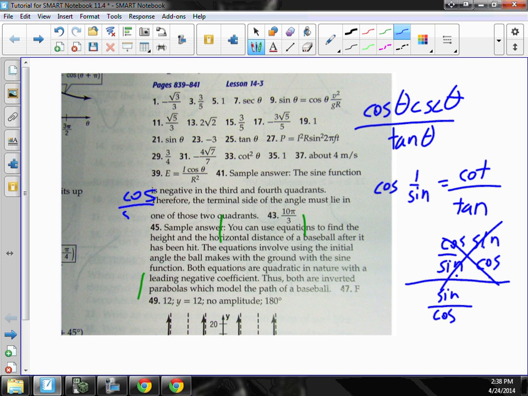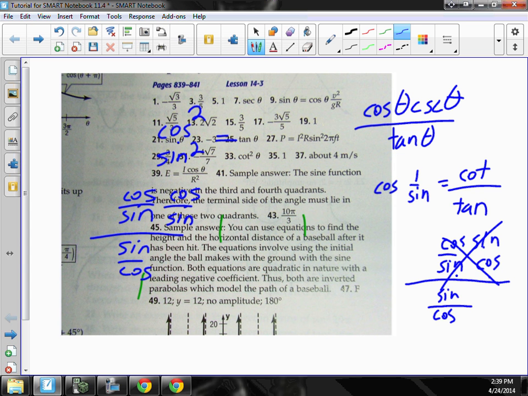So cosine over sine, and then sine over cosine, and then you flip it, thank you. So cosine over sine, which is cosine squared over sine squared, also known as, what's cosine over sine? Cotangent, so it would be cotangent squared.